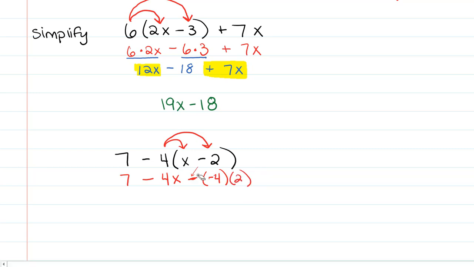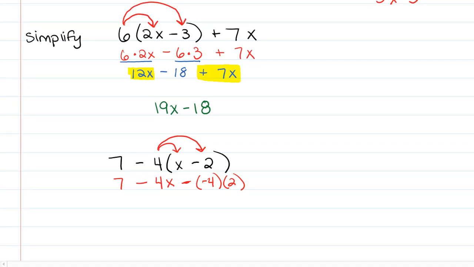And if you've learned another shortcut, go ahead and use that. That is absolutely fine. This is just one way I make sure I do not miss the negative and negative. All right, next up, 7 minus 4x minus negative 8. And now I see that I'm subtracting a negative number, which is the same thing as adding a positive.